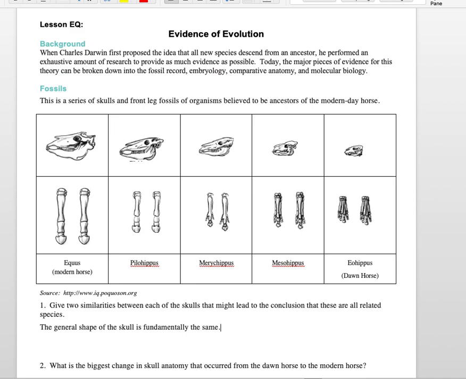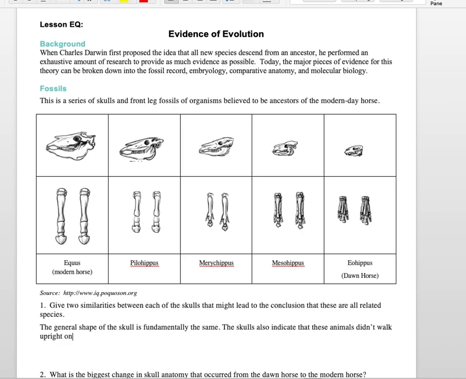Another similarity would be that the skulls also indicate that these animals didn't walk upright on 2 legs. They all walked on 4 legs.